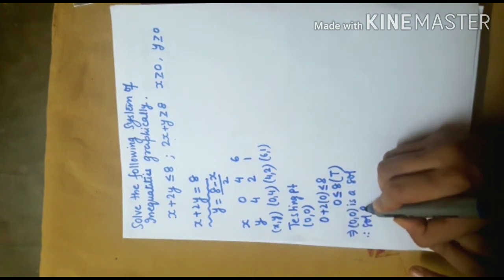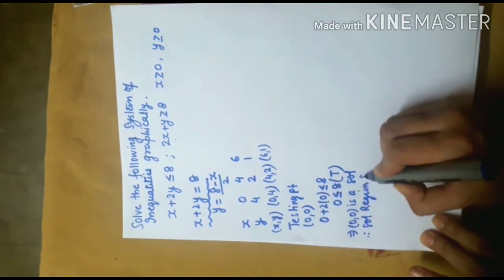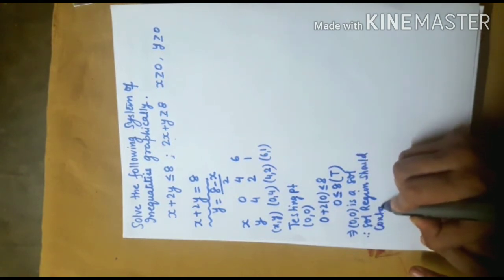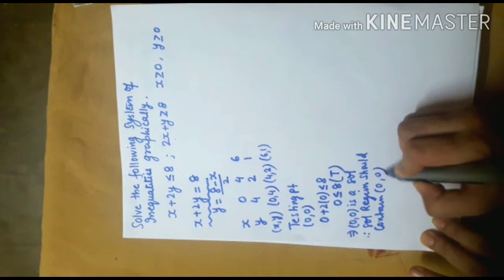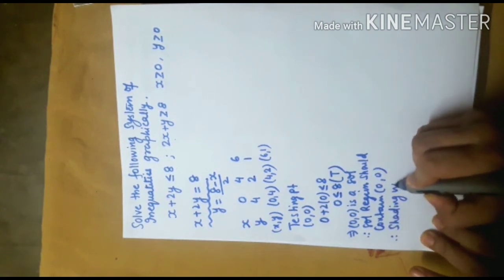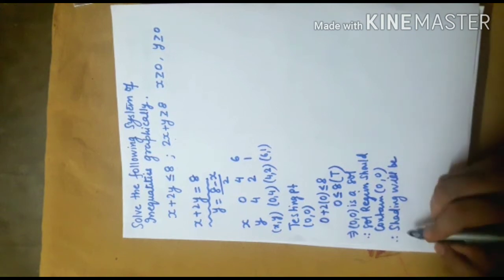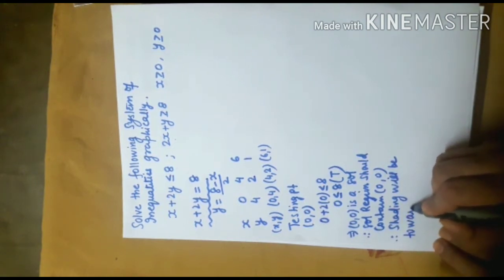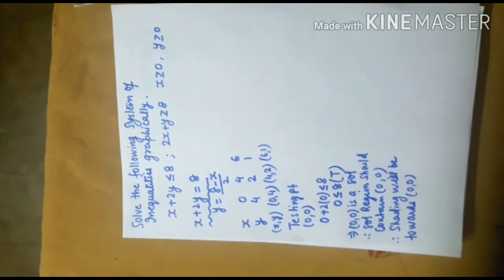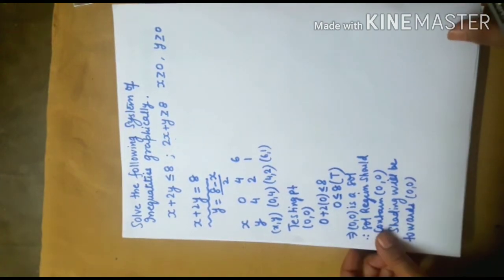Therefore, the solution region should contain 0 comma 0, and therefore shading will be towards 0 comma 0. That is, the shaded region should contain 0 comma 0.